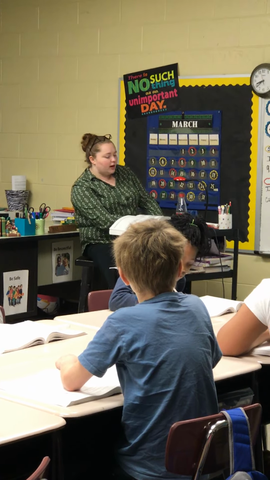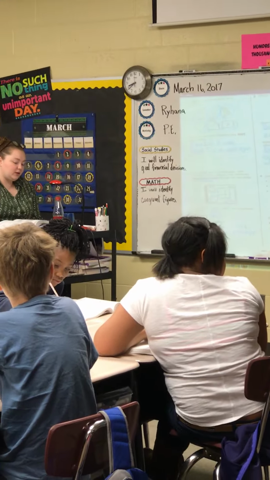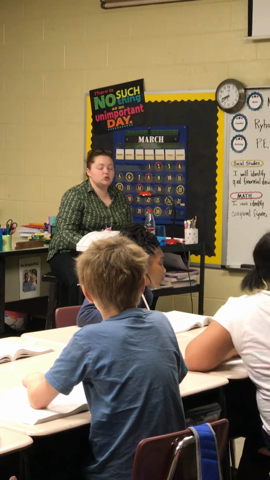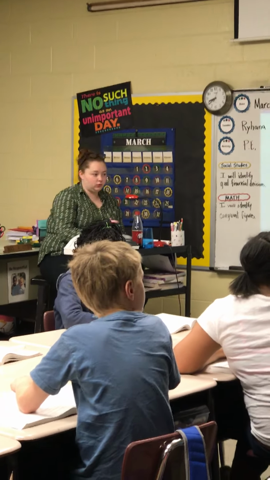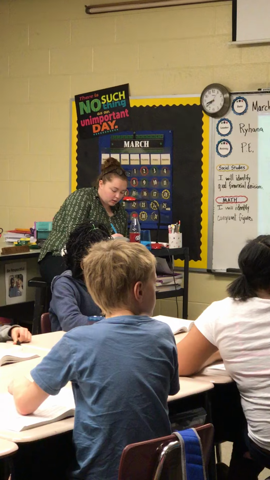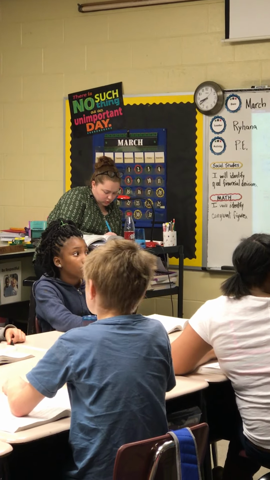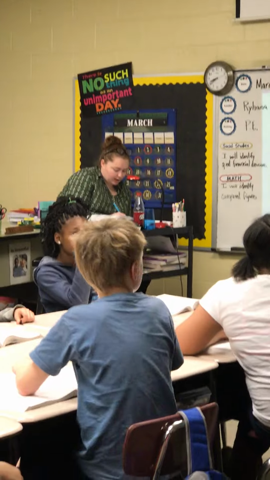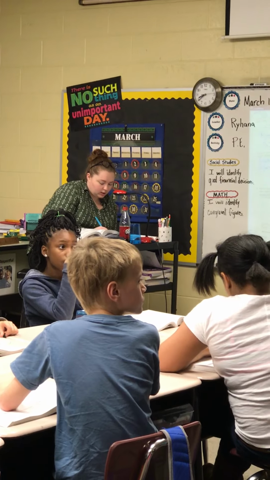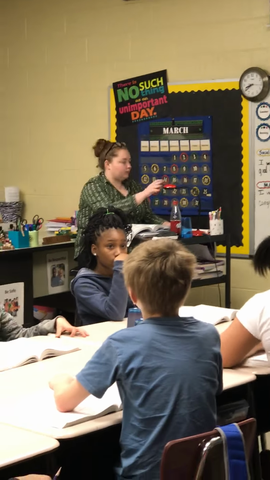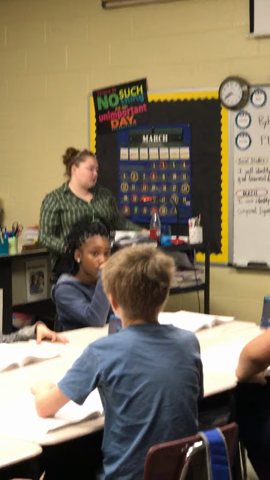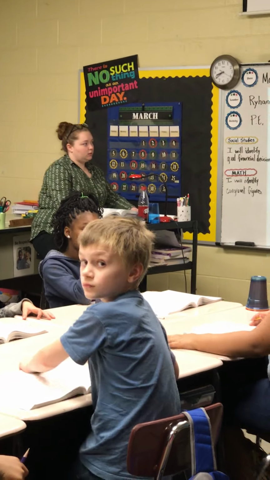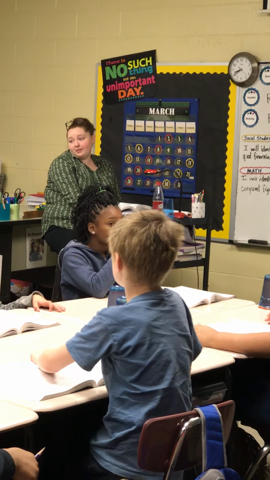Why is this figure a quadrilateral? Well, this figure is a quadrilateral because it has 4 straight sides and 4 angles. I'll give you like 1 minute to write that down, okay?